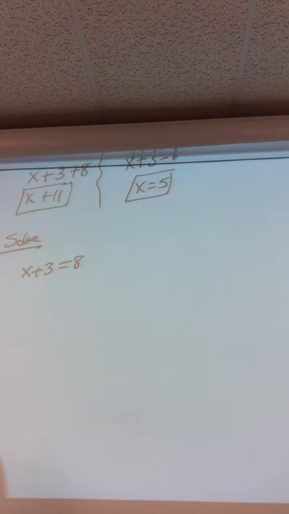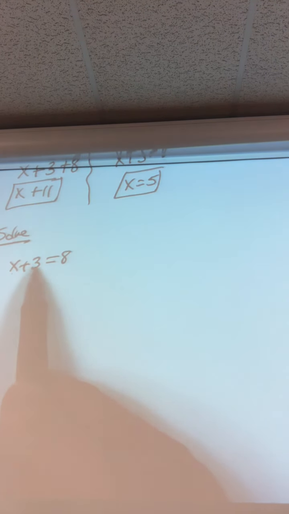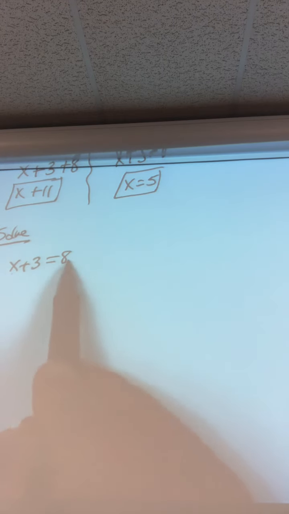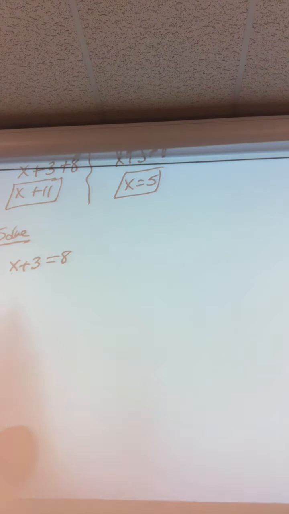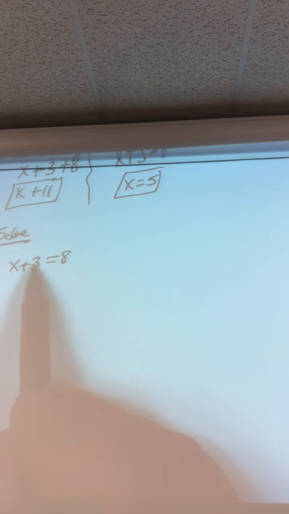Okay, if you look at this problem, you have a variable term, a number term, and a number term. You want these two number terms on the same side, but you don't want them on the same side as the variable term. So I want to get rid of this adding 3.